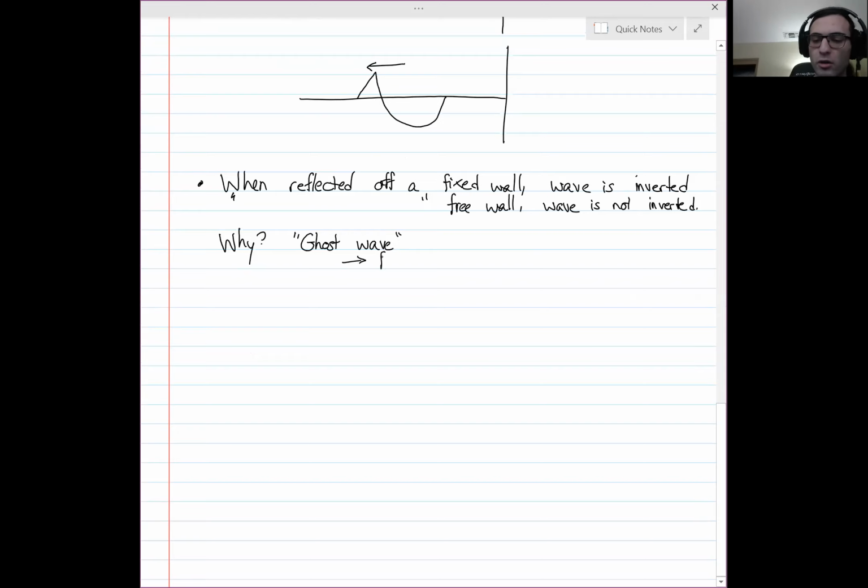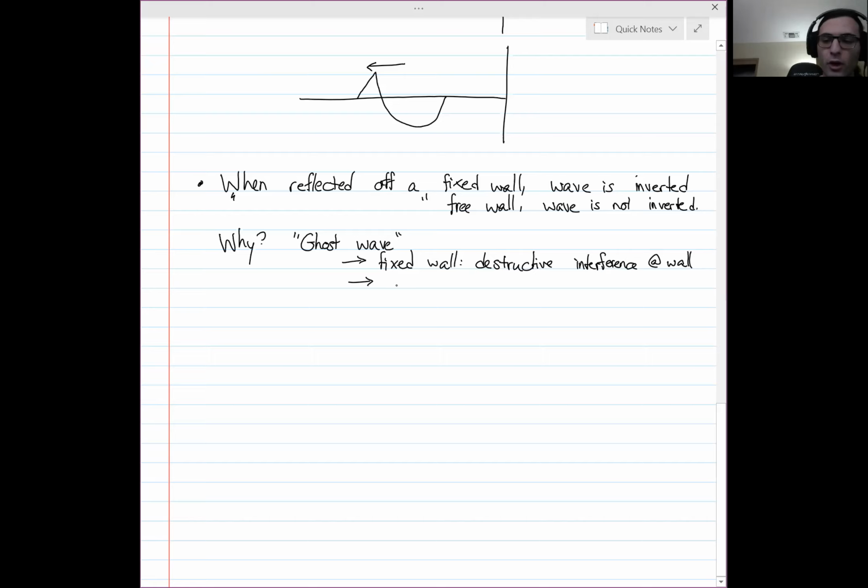For a fixed wall, we know that we need to have destructive interference at the wall, because we know that the displacement has to be 0 at the wall, right? That's what it means for it to be fixed.